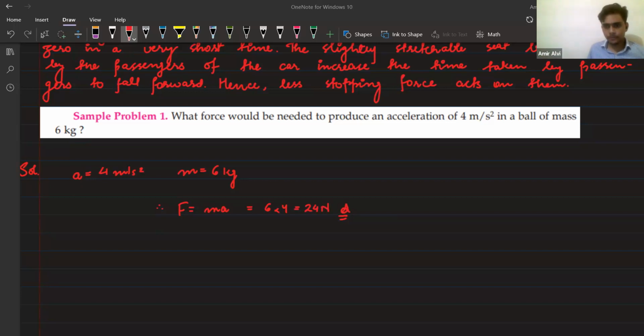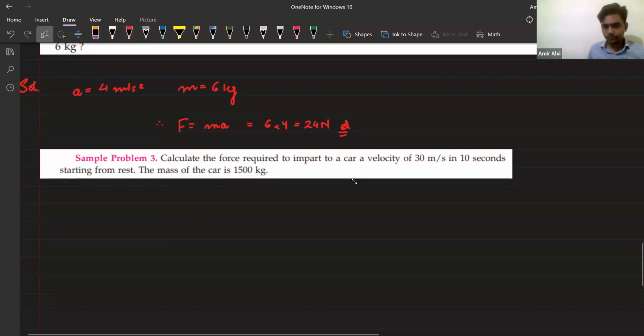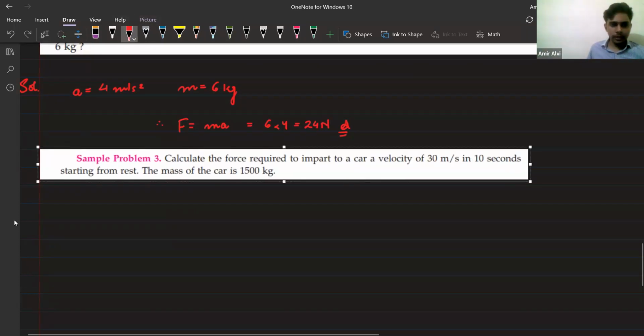No, sir. Okay. Now let's do a question that involves the equations of motion, because questions will come in this manner. Let's do it together. The question says: calculate the force required to impart to a car a velocity of 30 meter per second in 10 seconds starting from rest.